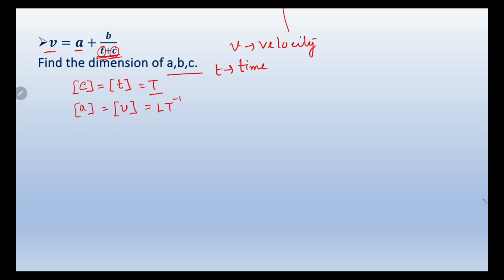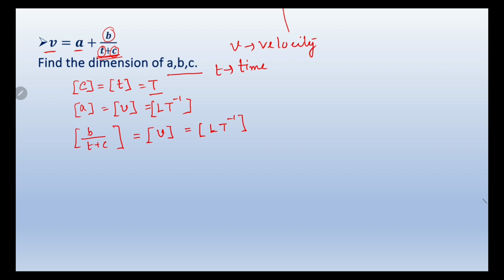Now what about the dimension of b? The dimension of b by t plus c is equal to the dimension of v, that is L T minus 1, the dimension of velocity.